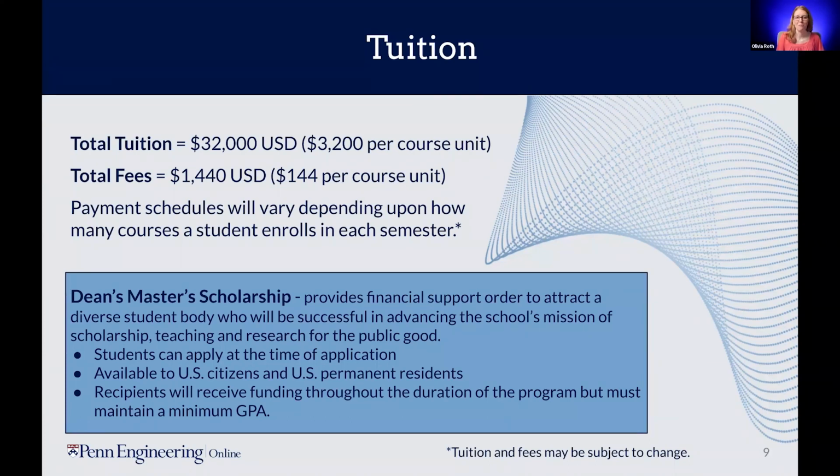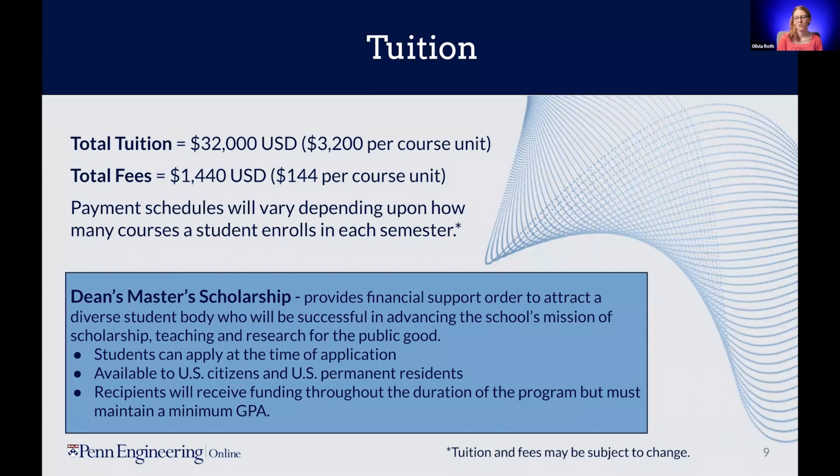I skipped over an important sentence that says payment varies depending on how many courses a student enrolls in each semester. So what we're trying to say is that, day one, we're not asking you for $32,000 immediately. What you do is you pay per semester based on how many courses you take that semester.